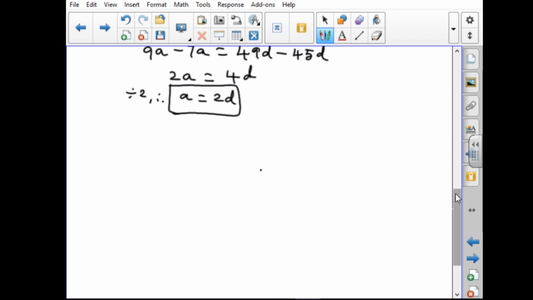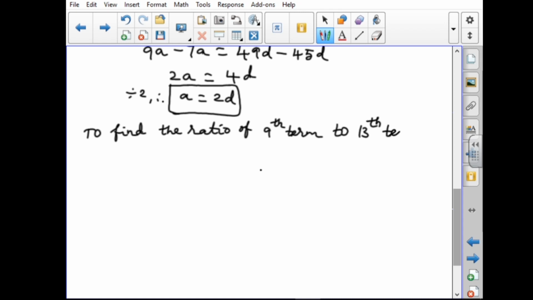But they also ask to find the ratio of the 9th term to the 13th term.